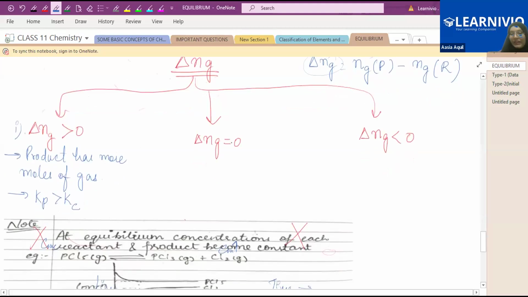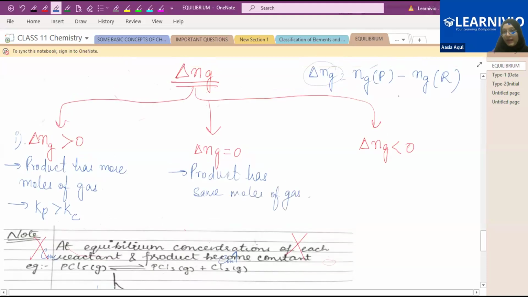Okay, coming to the second case, when the delta Ng value is 0. When will it be 0? It means that the product has the same number of moles of gases. Suppose the product has 1 mole, and the reactant is again 1 mole, so 1 minus 1 will give you delta Ng value as 0.